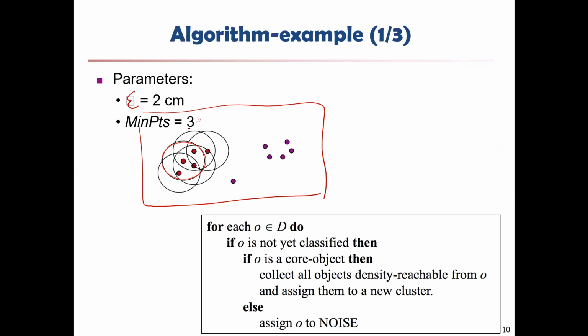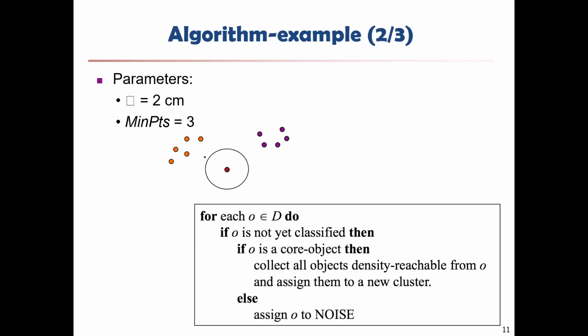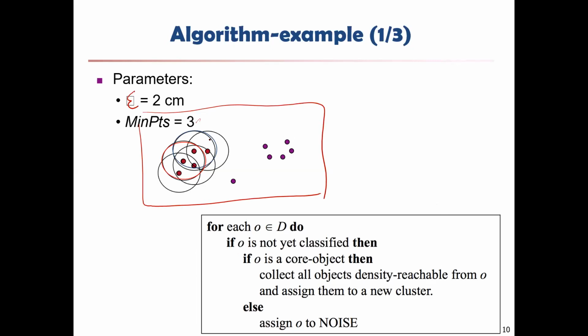So I can just declare, hey, you can be a cluster, and from there I can try to see who is densely connected to me. I just keep traveling around, and I discovered that this guy is also a member of this group. So I can merge it to that group, and I can say that, hey, you are going to be a cluster. So I found my first cluster.